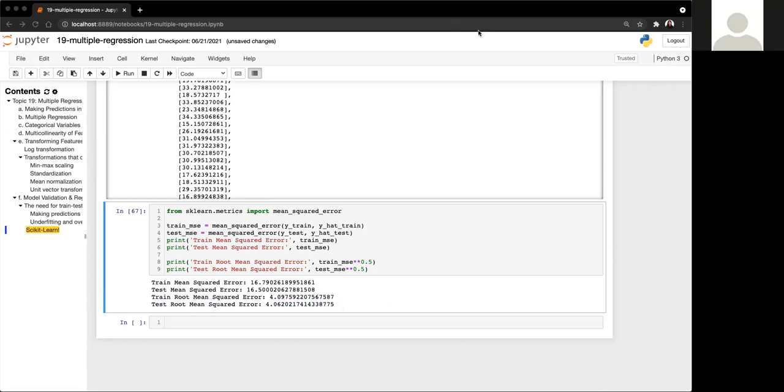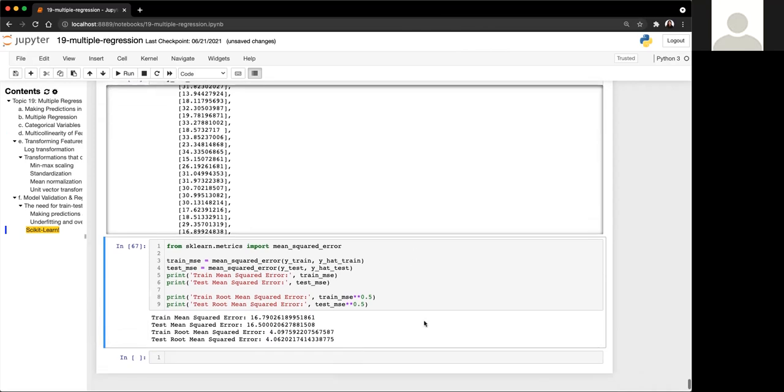So is the train set on the regression line, and the test set is your actual data points that you're comparing them to, or is it the opposite of that? The y-hat train and y-hat test are for the train and test set on the line. The y train and y test are your actual values that you're given.